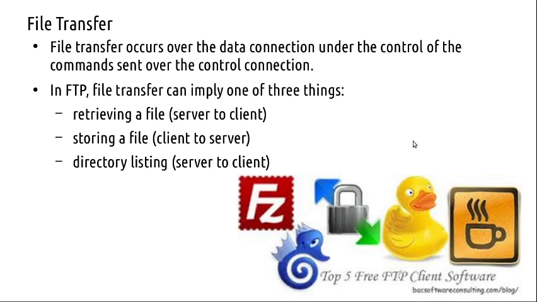File transfer can imply three things: retrieving a file, from the server to the client, storing a file, from the client to the server, or listing a directory. That is enough for FTP; we are not going into details about the commands. These are some common FTP clients. FileZilla is the best one. WinSCP is also there. This is CoolDuck something. Seahorse also. You could use any of these clients.